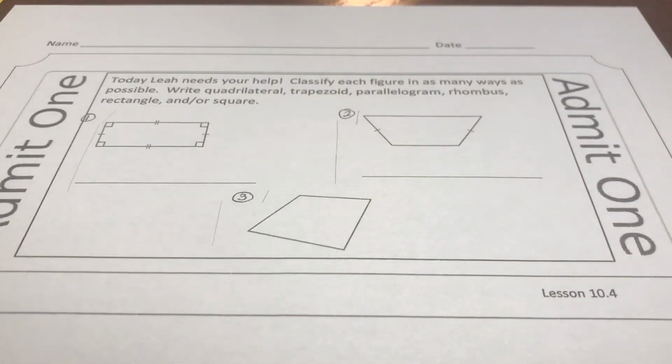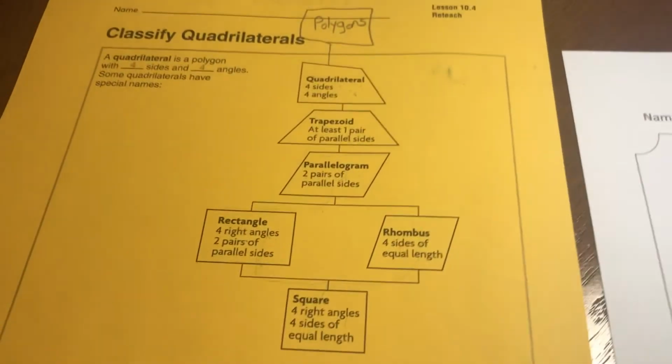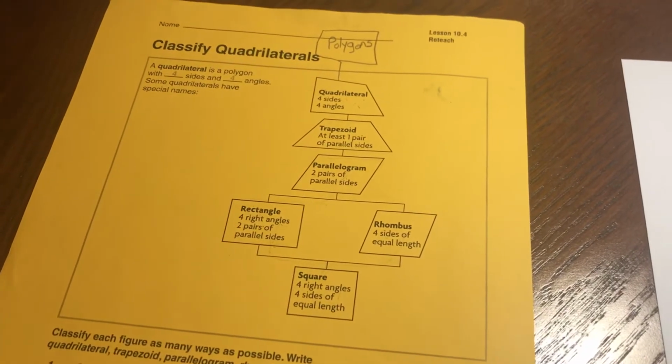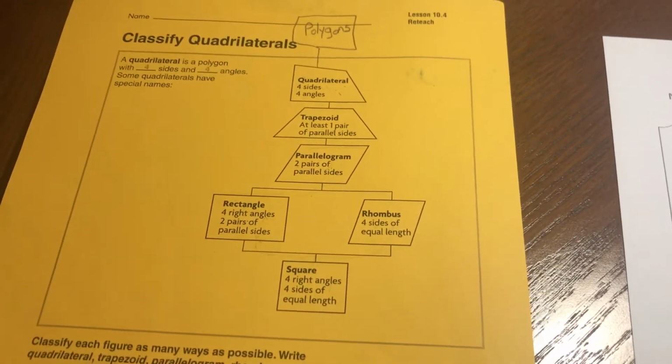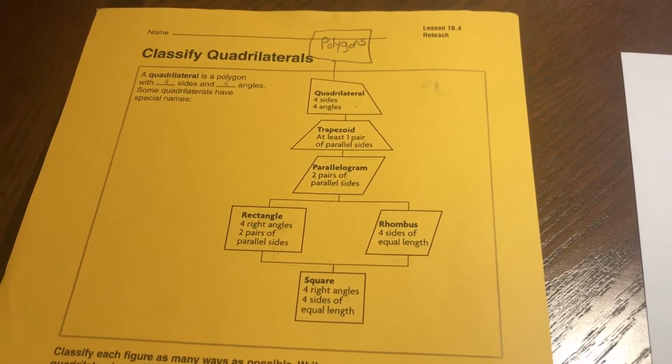Now, we talked about this yesterday in lesson 10.4, so I'm just going to switch over to my handy dandy reteach sheet, which I told you is a very critical piece of information. It's a great resource. It's one of the best resources that Go Math actually published as far as 4th grade.